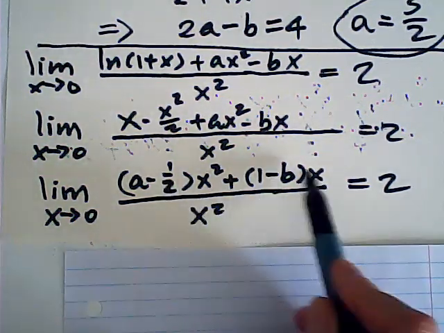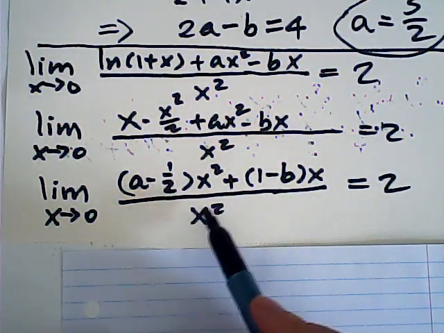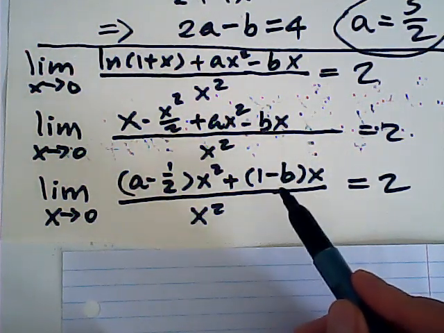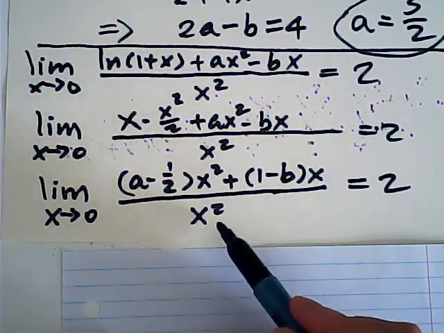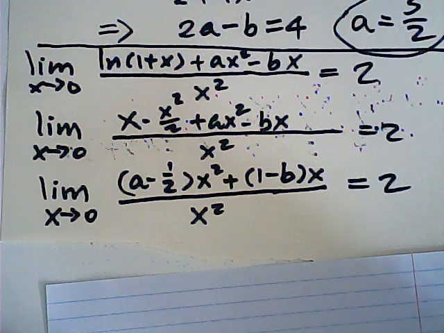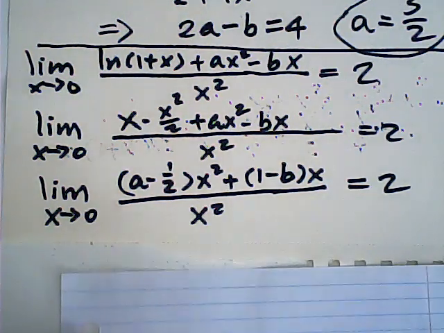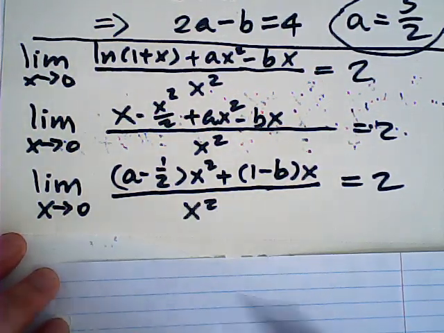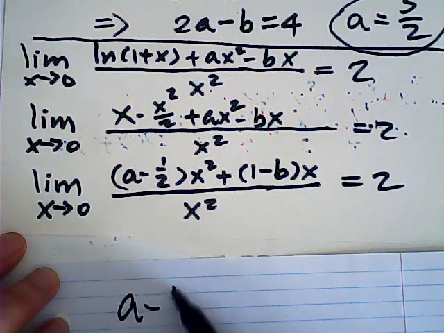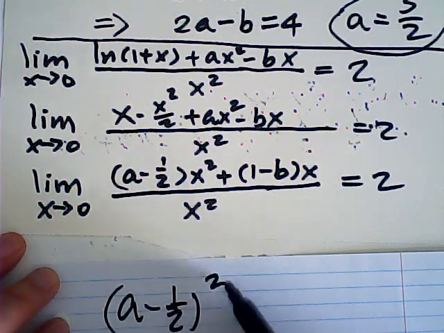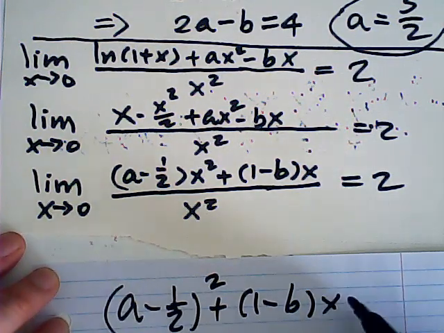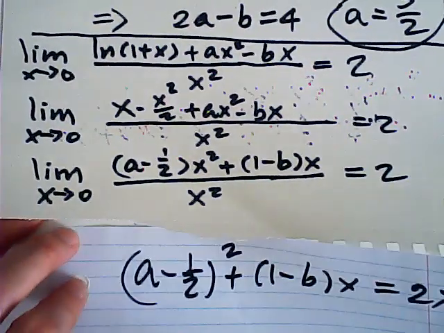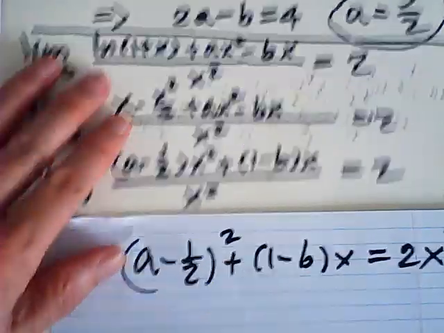That means the numerator is a very small number, and the denominator is also a very small number, but the numerator approaches twice the denominator. Okay? So that means the numerator, which is this one, a minus half times x squared plus 1 minus b times x, is going to be twice as much as x squared.